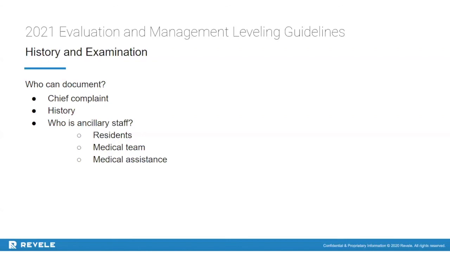The billing practitioner can review the information, update or supplement it as necessary, and indicate in the medical record that he or she has done so by signing and dating. This applies to the chief complaint and any other part of the history, such as history of present illness, past family social history, or review of systems for new and established office or outpatient evaluation management visits. The ancillary staff consist of residents, medical assistants, etc.